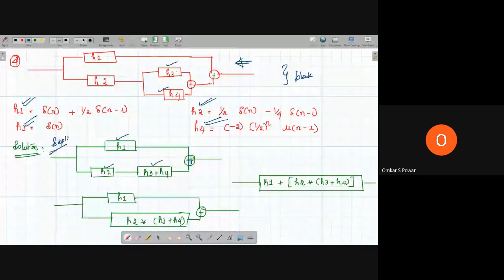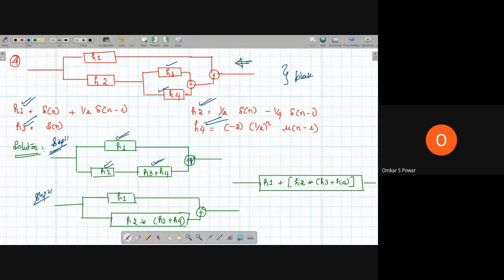So step 2, h1 let it be as it is. Here h2 is in series with h3 plus h4, so h2 convolved with h3 plus h4. So h1 is as it is, and your second one, h2 is convolved with h3 plus h4. Finally, these two are in parallel, so we'll add these two up.